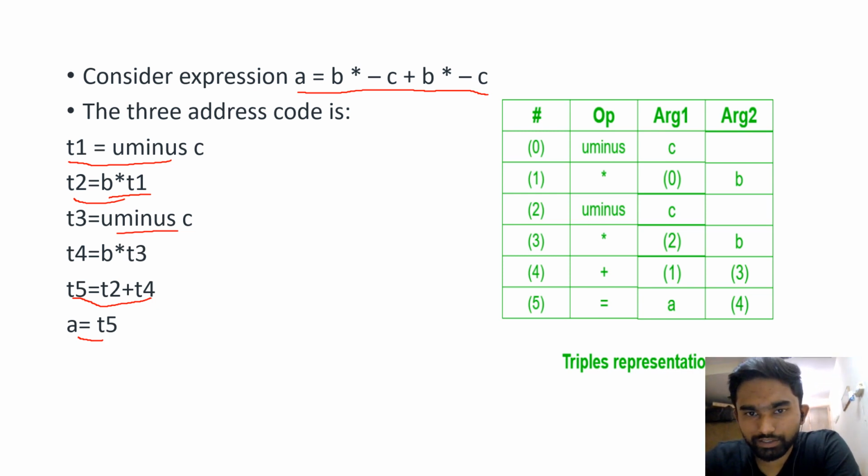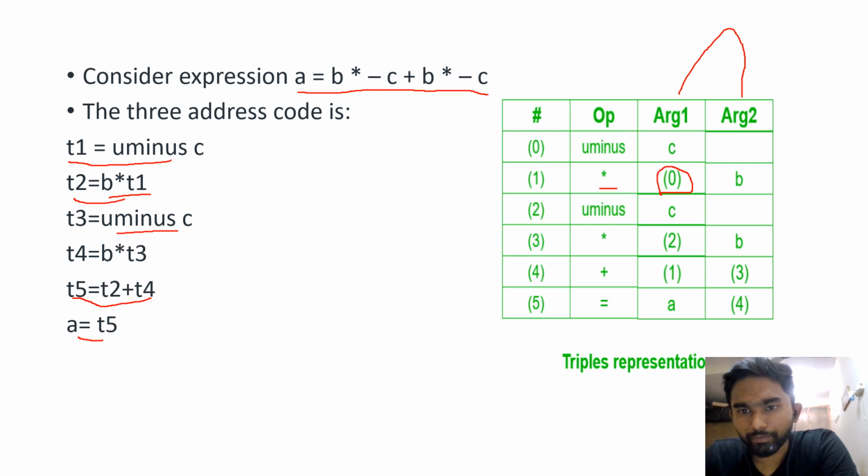These are pointers, which are written in the hash column, and these are operators, and these are two operands. Now pointer 0 points to the value of minus c, and pointer 1 points to the value of b * whatever value pointer 0 points to.